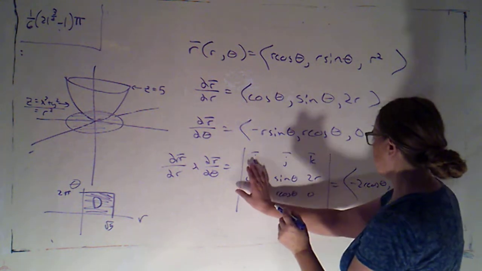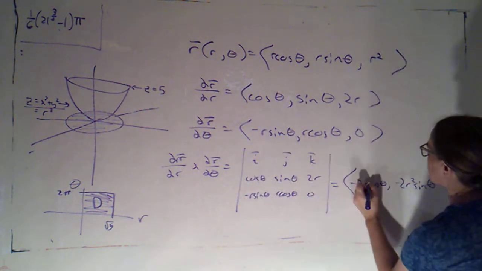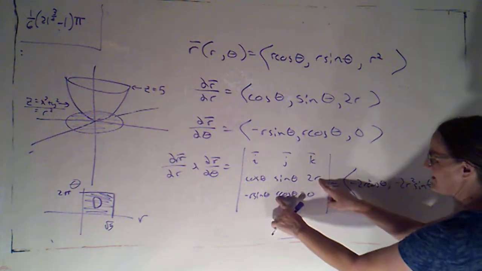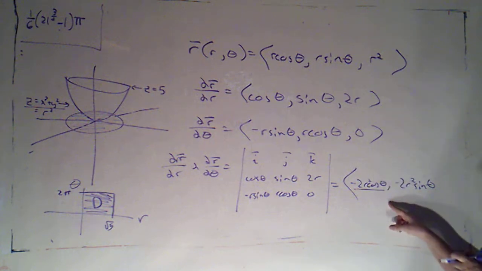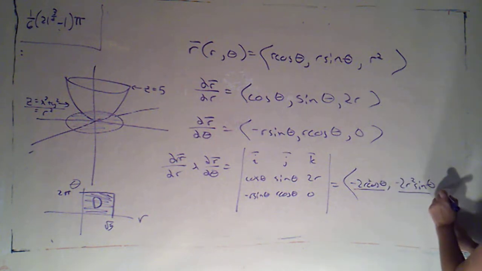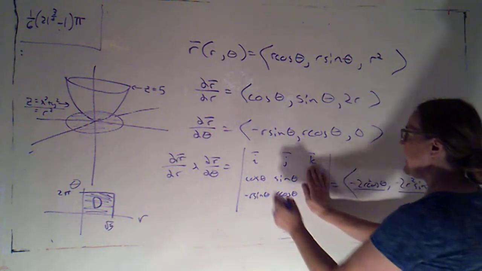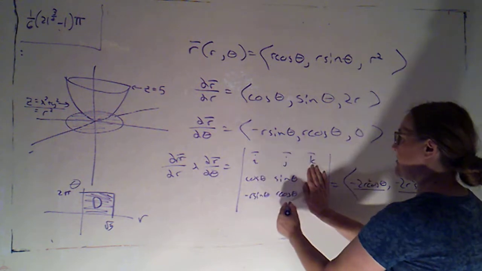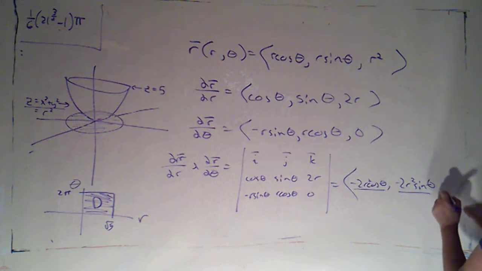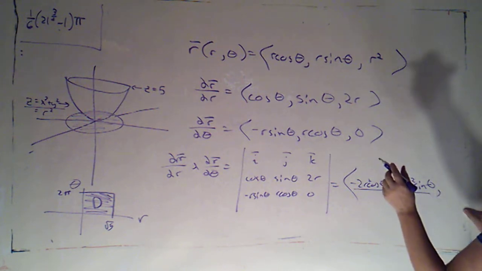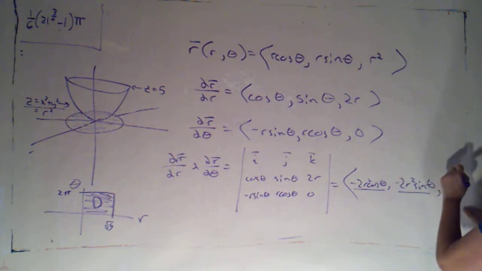So let me check. That should have been 2r squared cosine theta, I'm sorry, there was an r there and an r there. So this first component should be 2r squared cosine theta. Negative 2r squared sine theta. And then here, I'm getting r cosine squared minus a negative r sine squared.